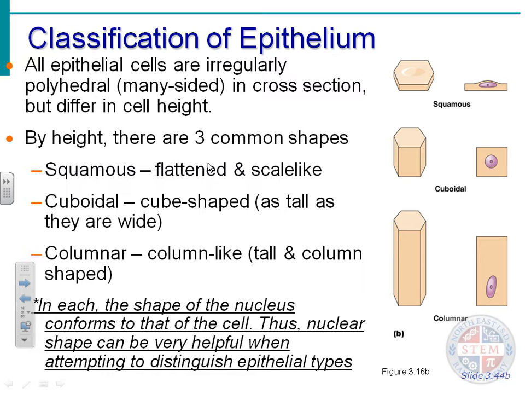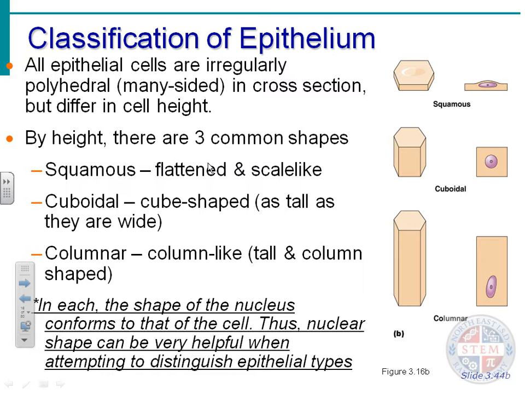By height, there are three common shapes: squamous, which is flat and scale-like; cuboidal, which is a cube, so it is as tall as it is wide; and columnar, which is taller than it is wide.